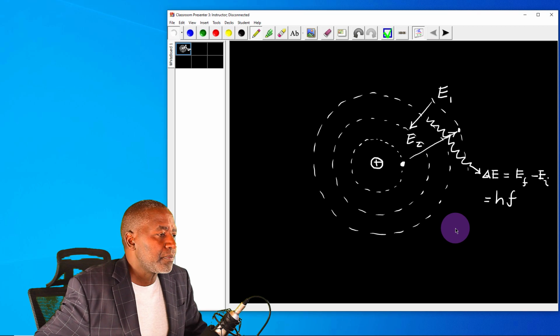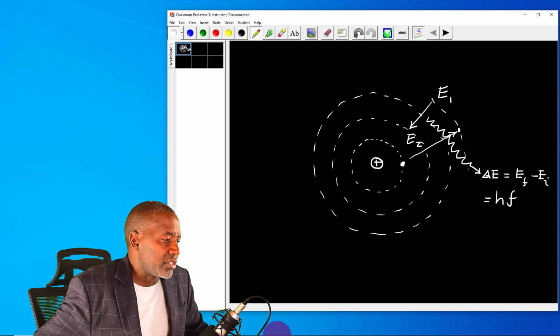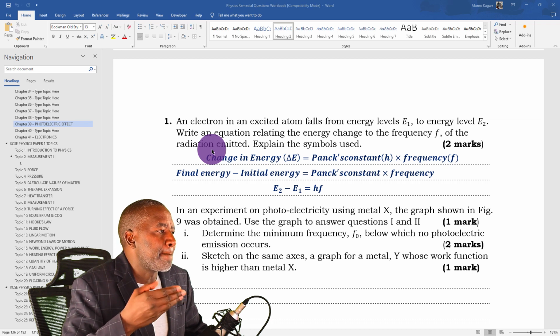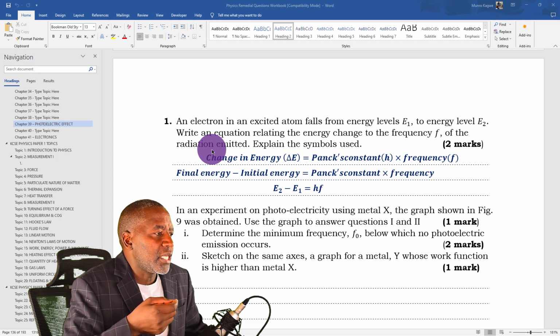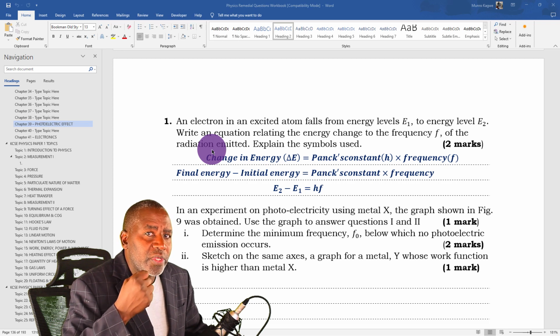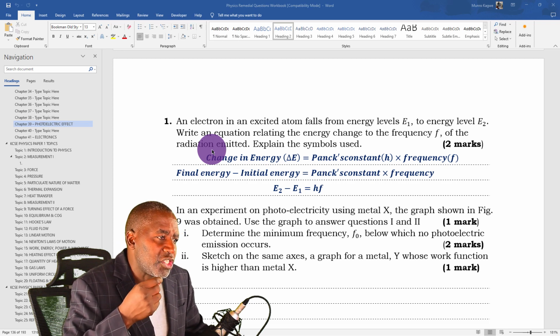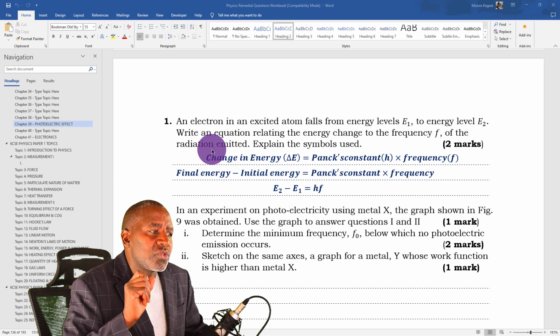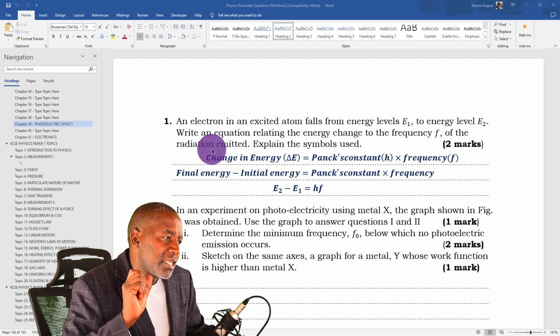In this particular question, we have an electron in an excited atom falling from energy level E1, the initial energy level, to energy level E2. Write an equation relating the energy change to the frequency f of the radiation emitted, and explain the symbols used.